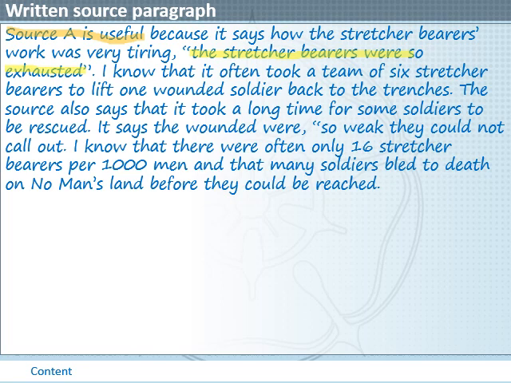So I'm going to present that I know that it often took a team of 6 stretcher bearers to lift one wounded soldier back to the trenches. And then if you look, I follow exactly the same pattern and I repeat. I present some knowledge. I then come up with a specific quote.